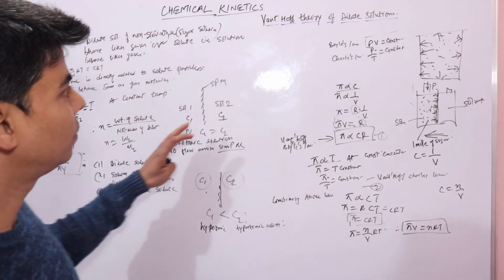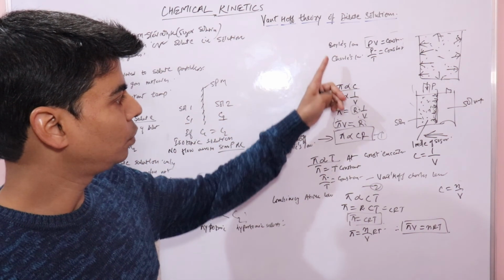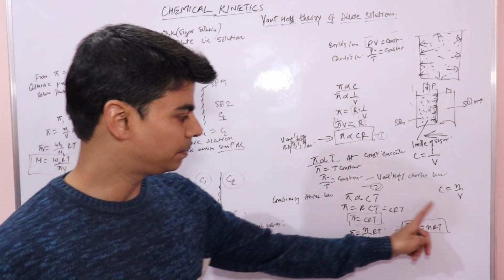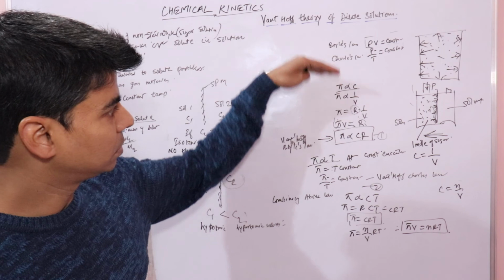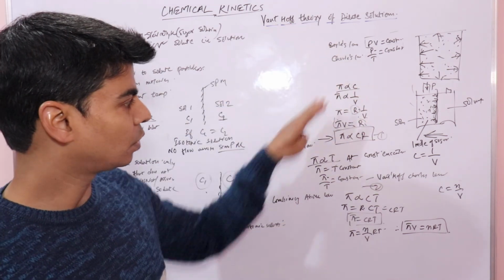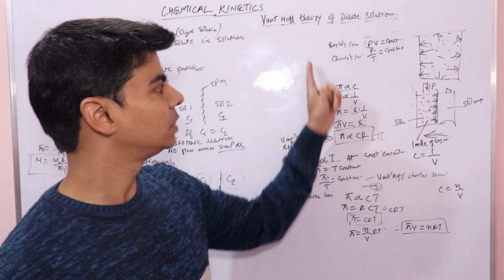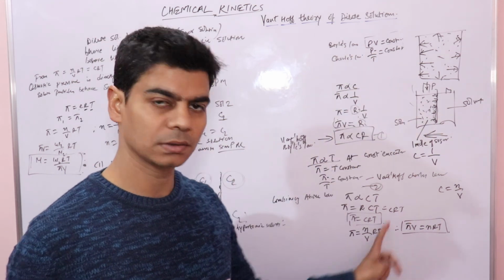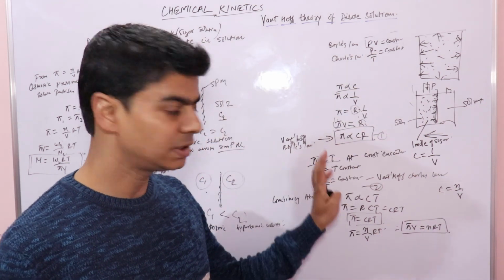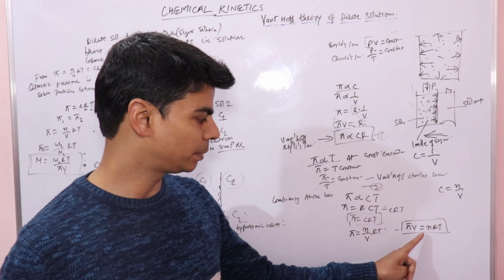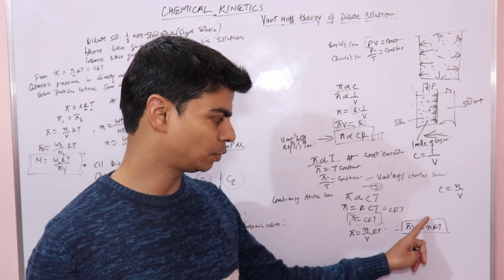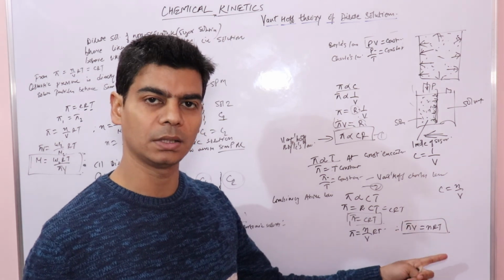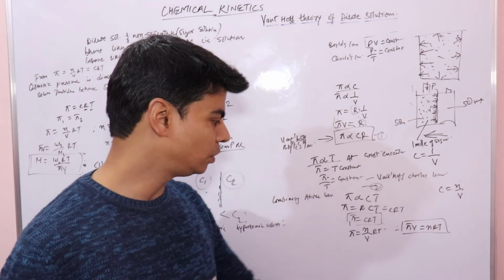Just remember the important things here: how to derive this relation, pi V is equal to nRT, and that solutions obey gas laws, so we compared it with Boyle's and Charles' law to reach this relation. Since osmotic pressure is a colligative property, we showed that osmotic pressure pi is directly proportional to n, the number of solute particles or the concentration of solute particles.